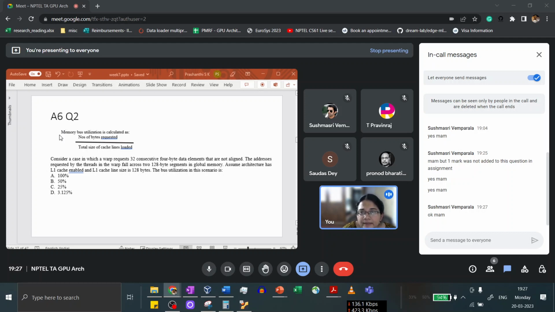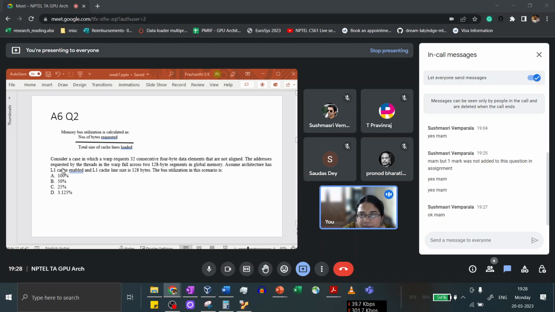Memory bus utilization is calculated as number of bytes requested divided by total number of cache lines loaded. Consider a case in which a warp requests 32 consecutive 4-byte data elements that are not aligned. The addresses requested by the threads in the warp fall across two 128-byte segments in global memory.